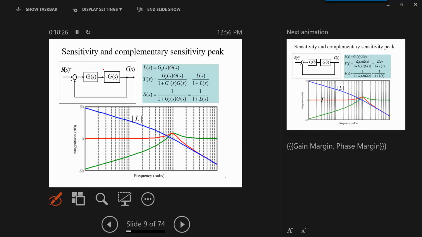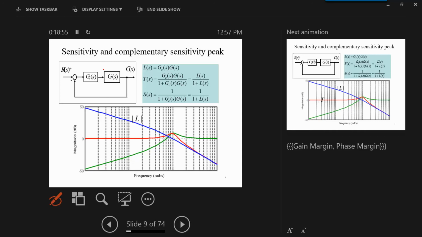Yeah, this is the error transfer function, isn't it? For a unity feedback system, if you write the error, what is the error? It is R minus Y, which is R times 1 minus Y over R, which is the error transfer function.